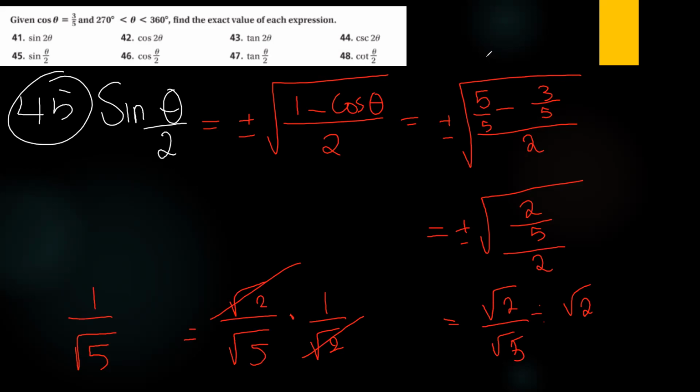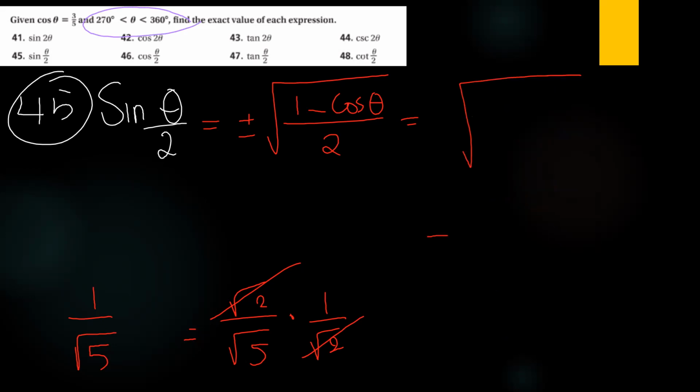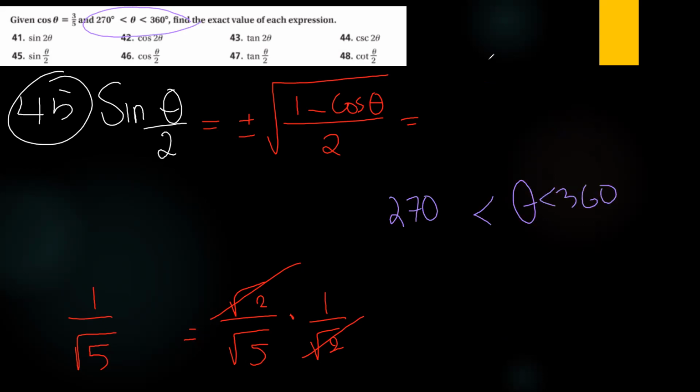Now the last one, you have to ask yourself, where does my angle lie? So you will go to the theta here. Angle theta is between 270 and 360, from the question.